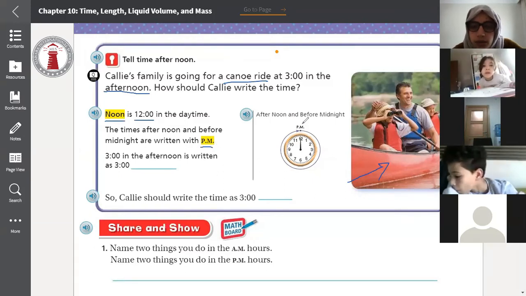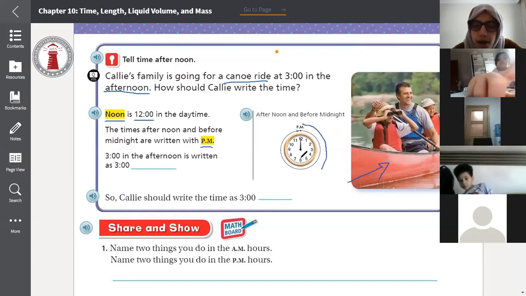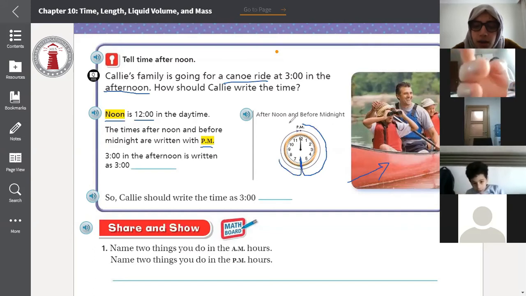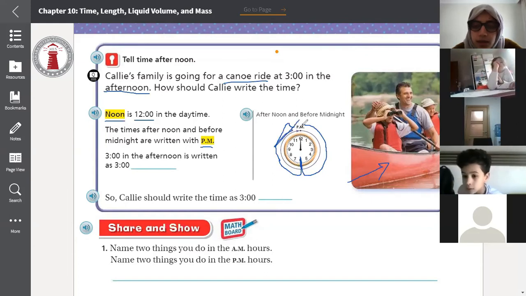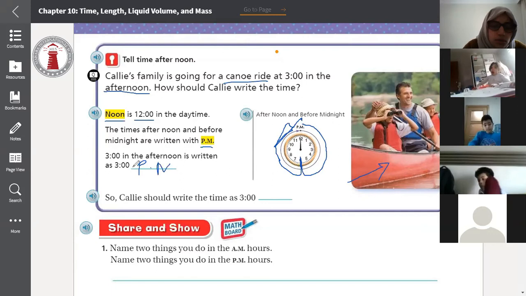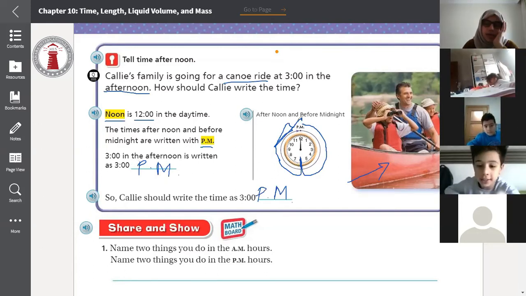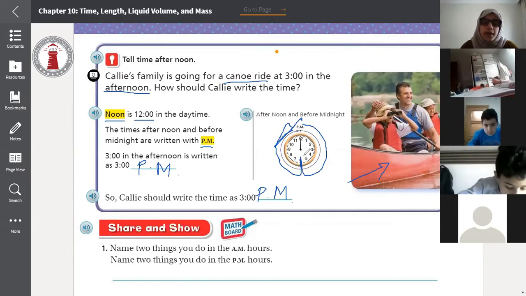So when it's dhuhr or noon time, it's PM all the way to 6 p.m. when it's close to Maghrib time, and then still PM when you are sleeping, and then in the middle of the night it turns AM again. So here 3 in the afternoon is written with PM to say that it is in the middle of the day. So Callie will have to tell her family to be ready for the trip at 3 p.m. Okay? So 3 p.m.